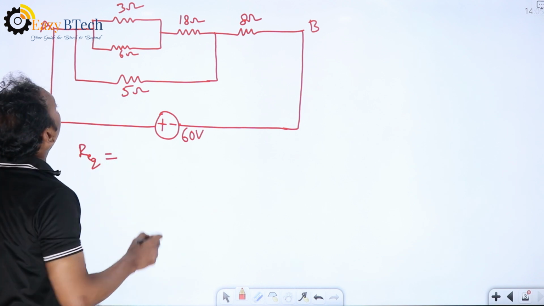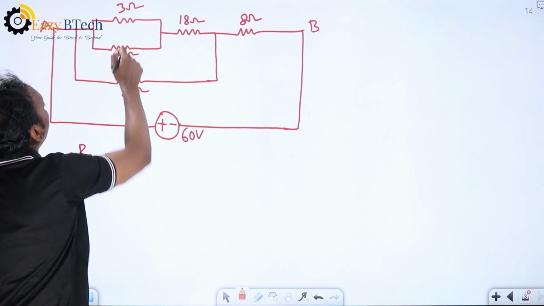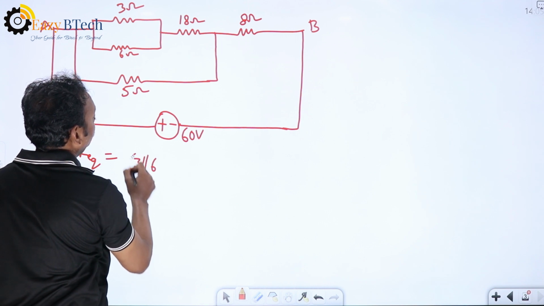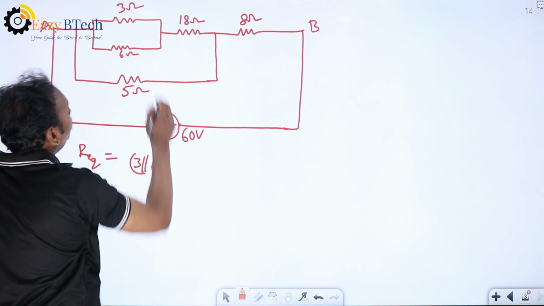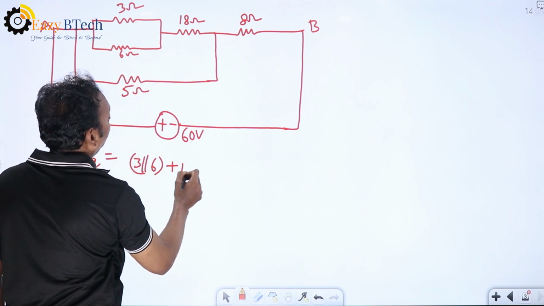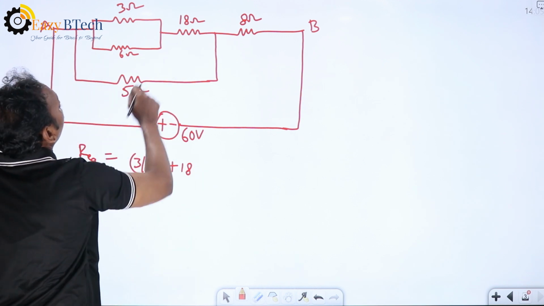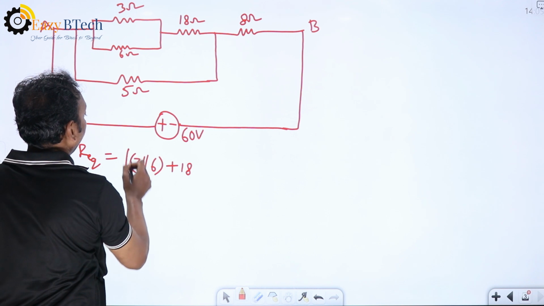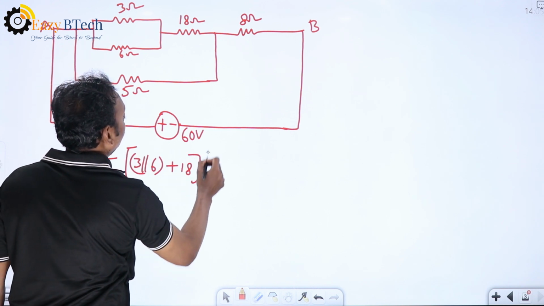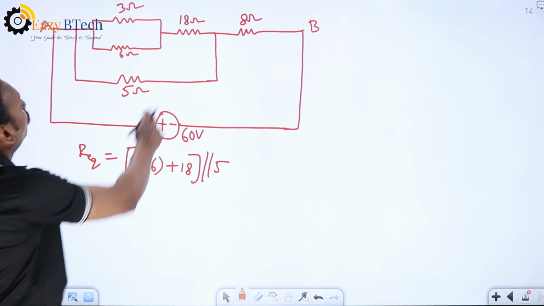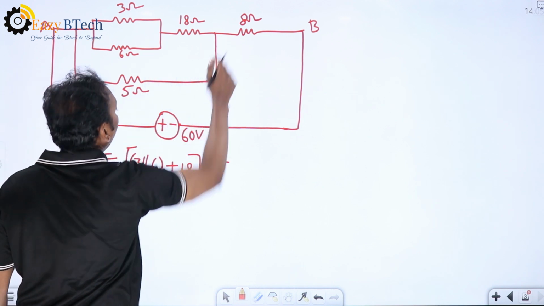R equivalent equal to, these 3 and 6 are parallel. This combination is in series with 18, and this whole combination is in parallel with 5. And this whole combination is in series with 8 ohm.